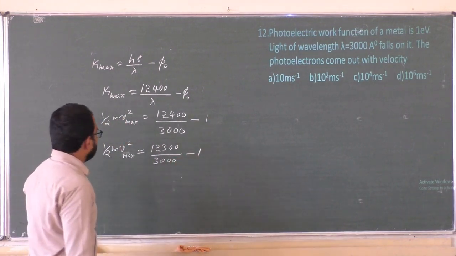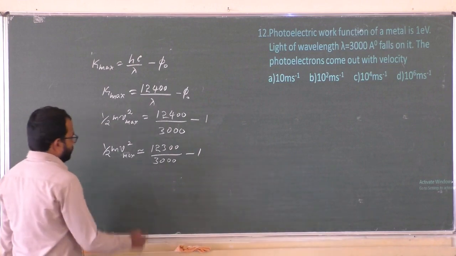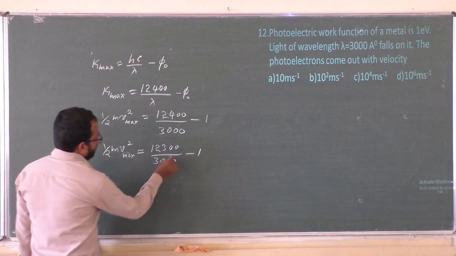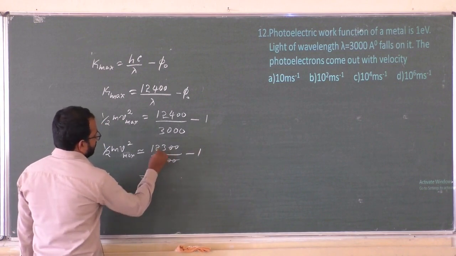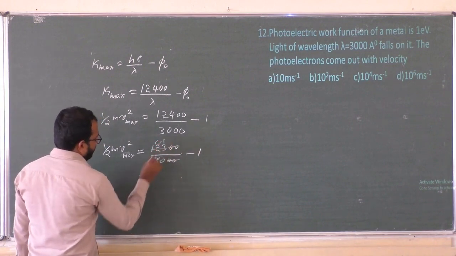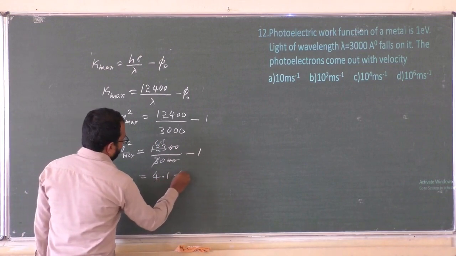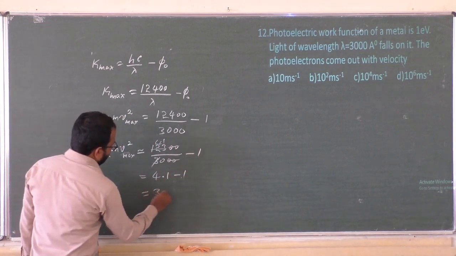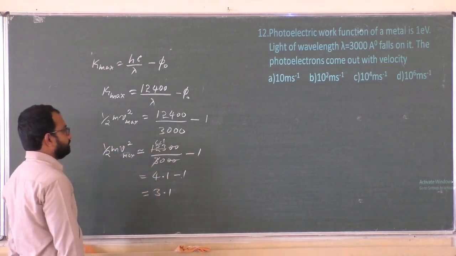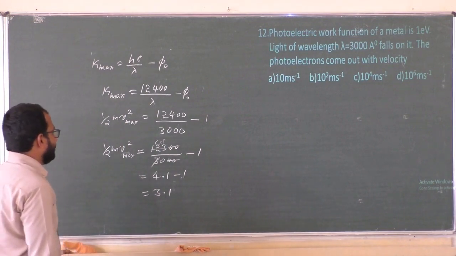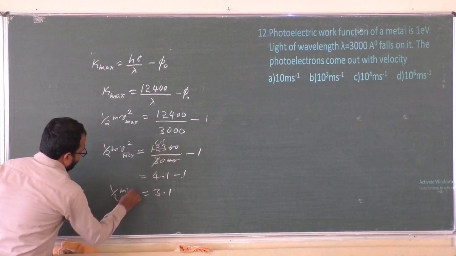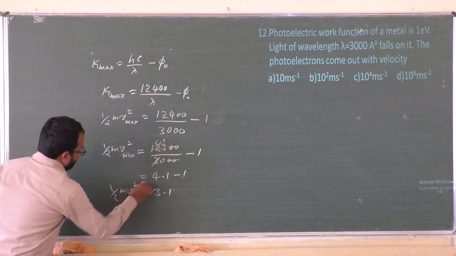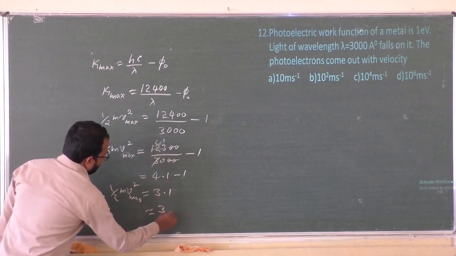So this becomes 41 by 10, that is 4.1 minus 1, that is equal to 3.1. So this is half m V maximum square, which is nearly equal to 3 electron volt.